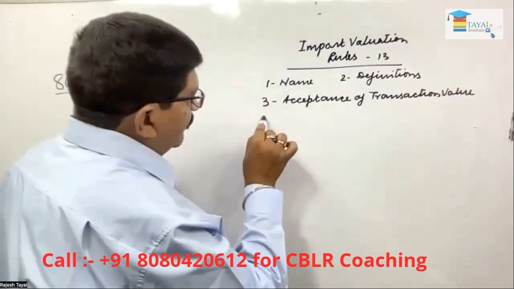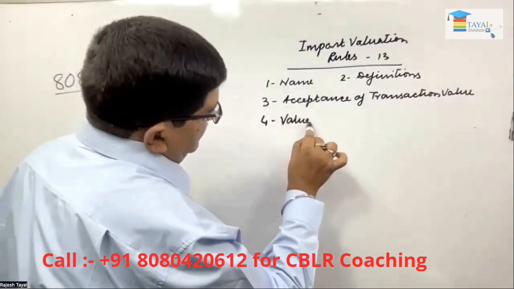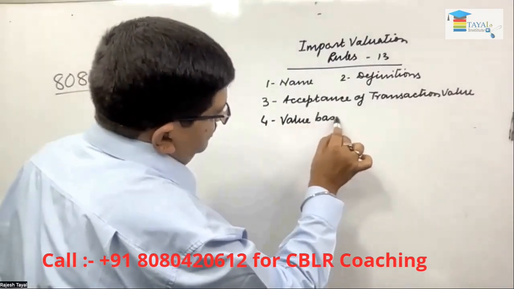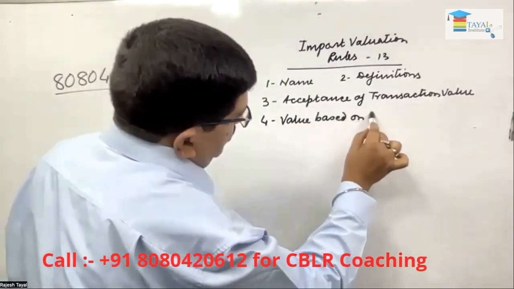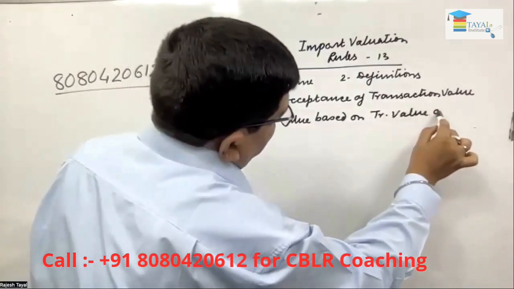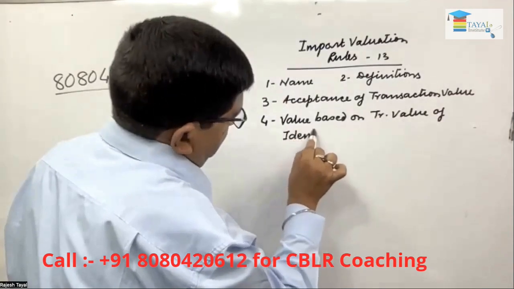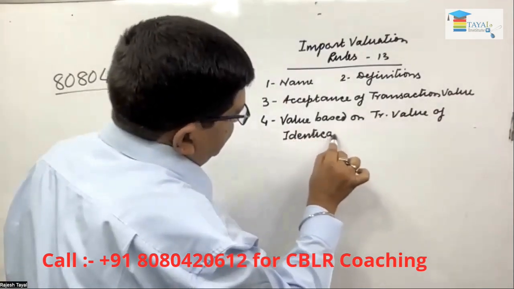If a transaction value is not there or rejected, then we have another set of rules. Then we have rule number 4. This is value based on transaction value of identical goods.